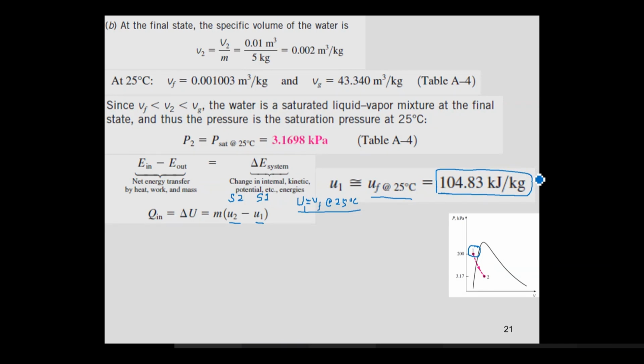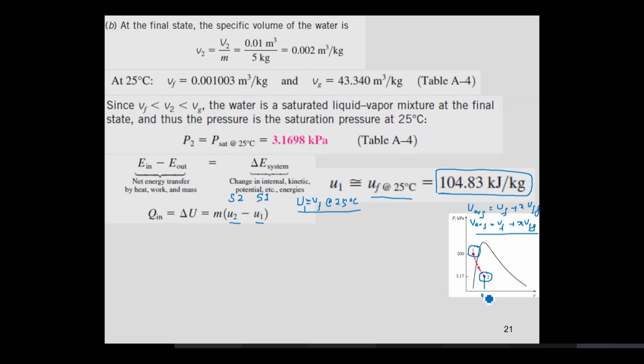Yes, sir. All right. In order to find U2, I know I am in mixed region. I need an expression or value of X in order to find out U2. If you remember, any property value is essentially Uf plus X Ufg, or V average is equal to Vf plus X Vfg. I have the value V2 as V average.